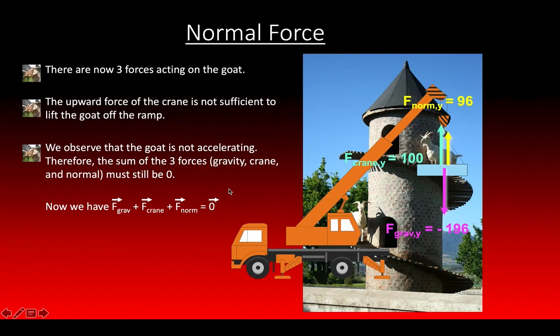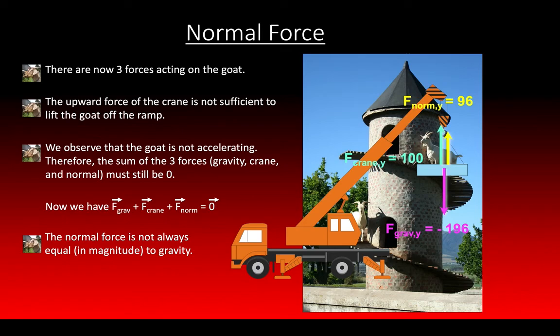And before I speak on the normal force, I recognize the goat is not accelerating, so F net must be 0. As a result, the normal force is kind of acting like this force that cancels all the other forces. So the normal force is not always going to be equal in magnitude to the gravitational force. Sometimes it will be. We saw in the previous slide that happened to be the case.